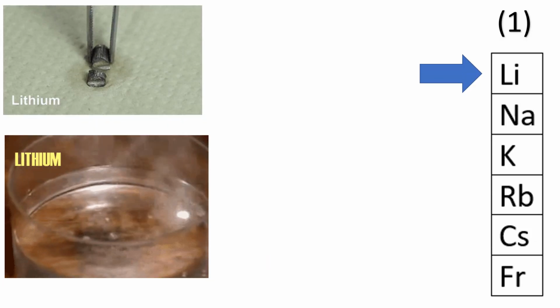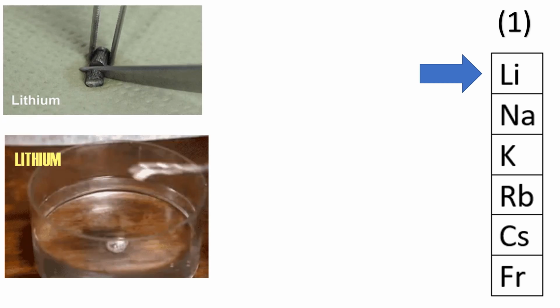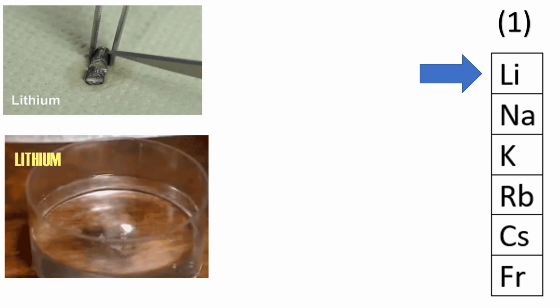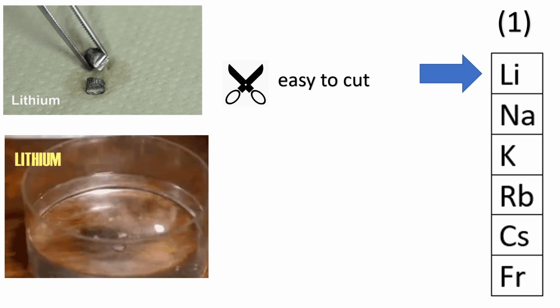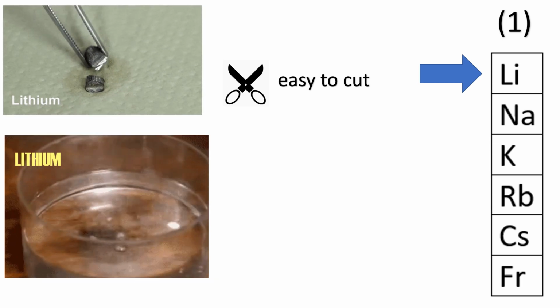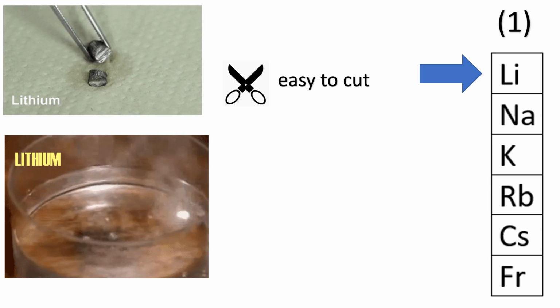Okay, so let's look at each of these metals in turn. I'm going to look at lithium first. So you can see the top GIF there. Rather unusually for a metal, lithium can be cut very easily with a knife or with a pair of scissors. Now you can see also in the diagram it's still shiny like a metal. It's still going to conduct electricity, but unusually for a metal, it's very easy to cut.